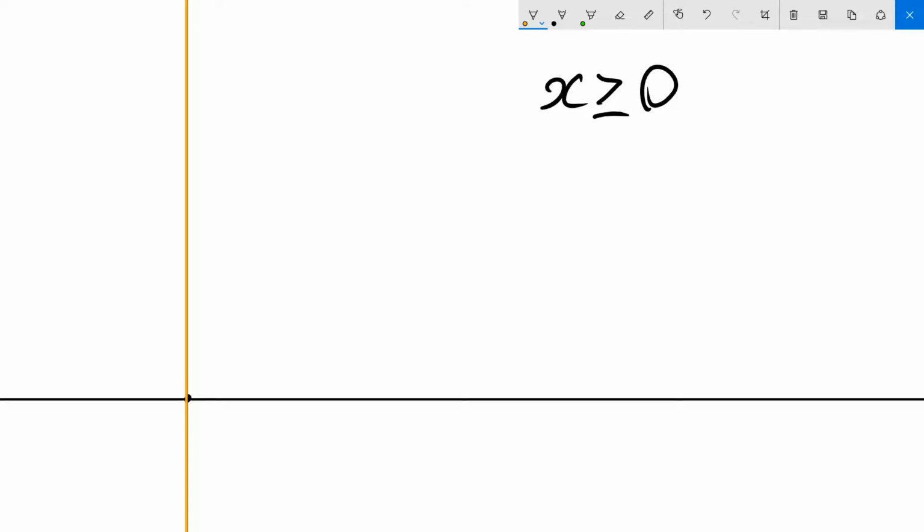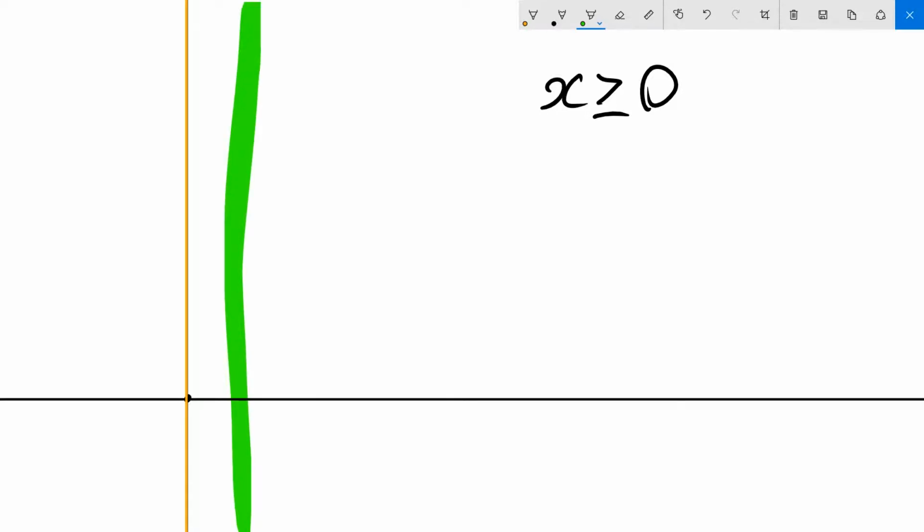So where is it not equal to 0, but it still solves the inequality? So x has to be greater than 0. So is 1 greater than 0? Yes. So everything where the 1 is, that's all fine.